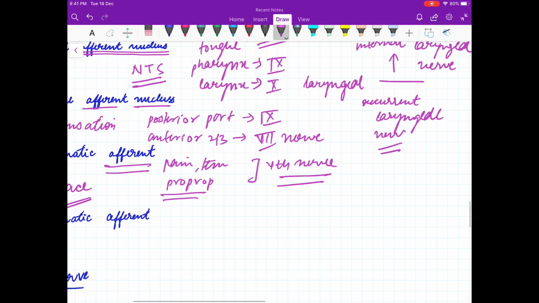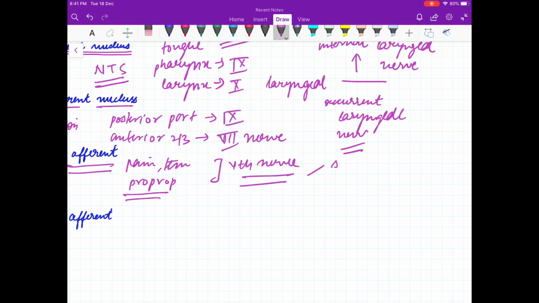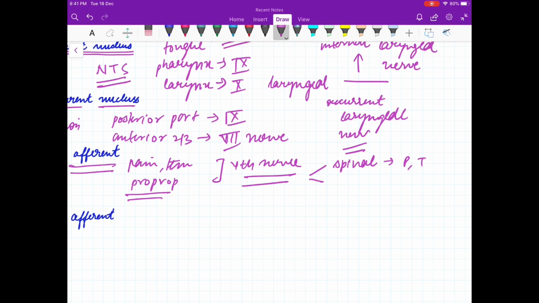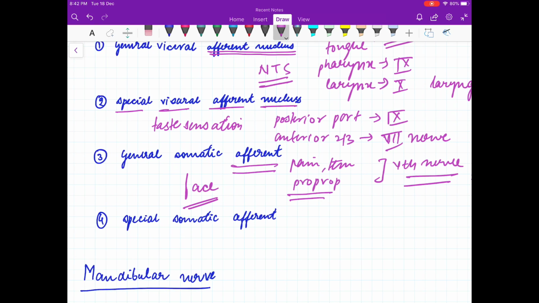So the fifth nerve has various nuclei: spinal nucleus of trigeminal, which carries pain and temperature; main sensory nucleus, which carries fine touch from the face; and mesencephalic nucleus, which carries proprioception from the face.